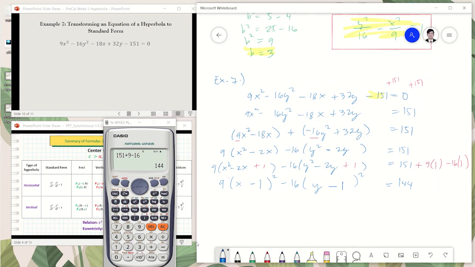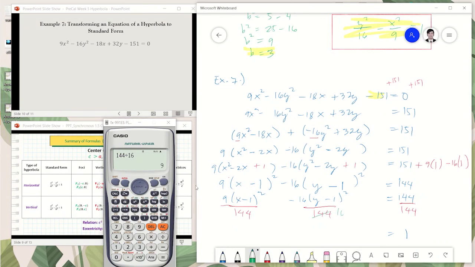And now, this is the best time for you to do your thing with the 144. All we need to do is divide both sides by 144. Whatever you do on the right, do on the left. So 144 divided by 144 is 1. But take note, we can factor out 144 as 16 times 9.